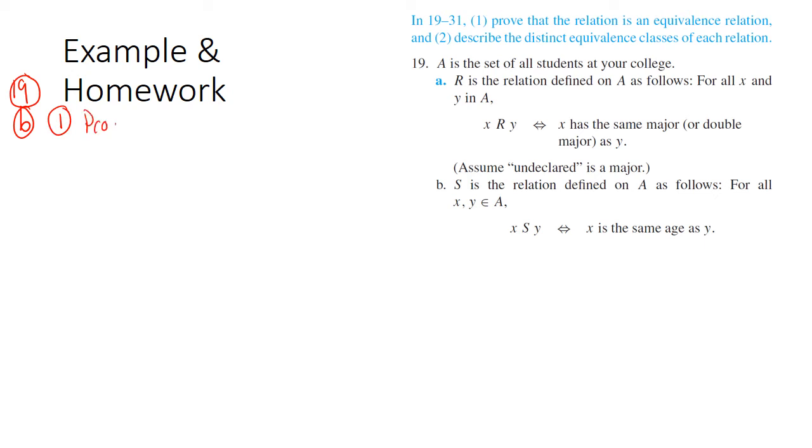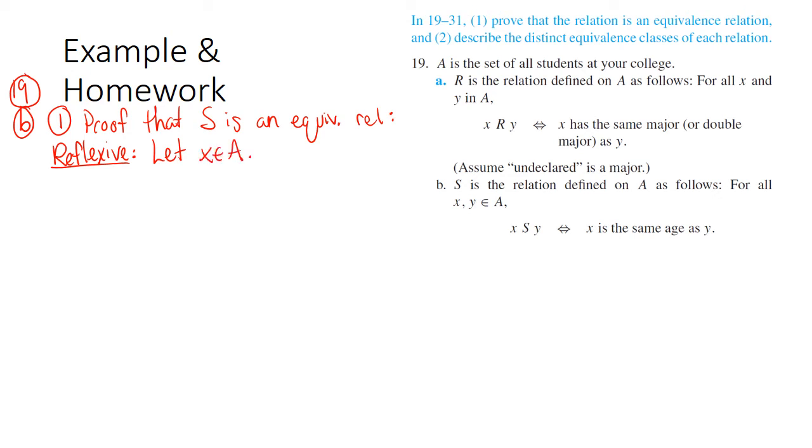Proof that S is an equivalence relation. This is going to involve 3 things. So first of all, reflexive. We need to prove that it's reflexive. To prove that a relation is reflexive, you let x be an element of A. So I need to show that x is related to itself by S. So here's my goal statement.